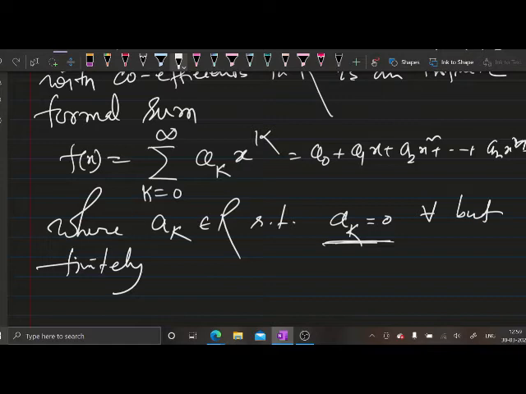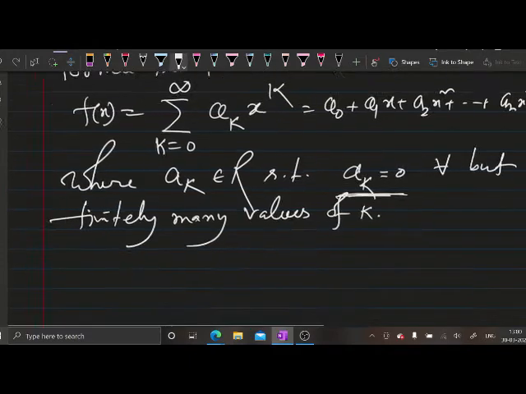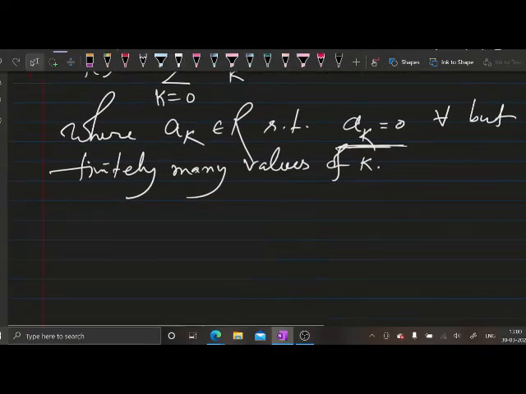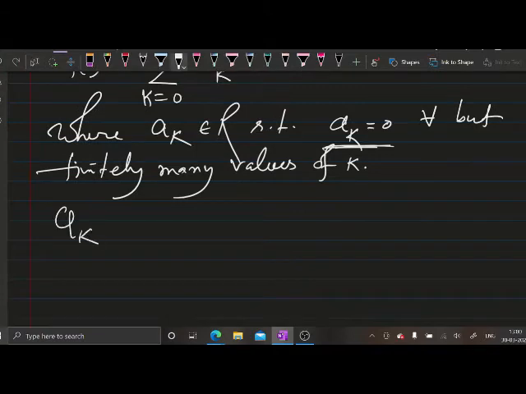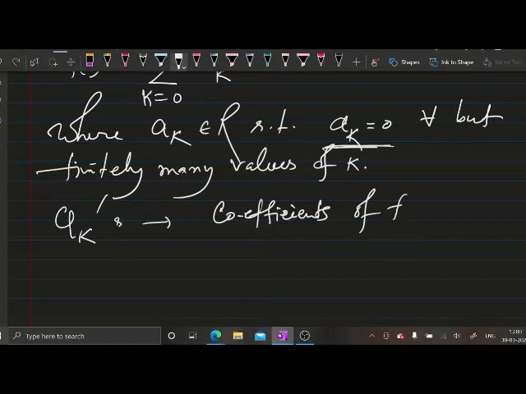That is, ak's are 0 for all but finitely many values of k. Now these ak's are called coefficients of the polynomial f(x).